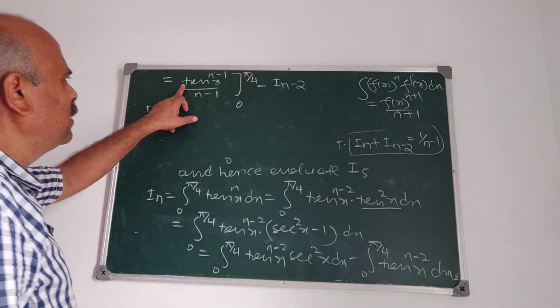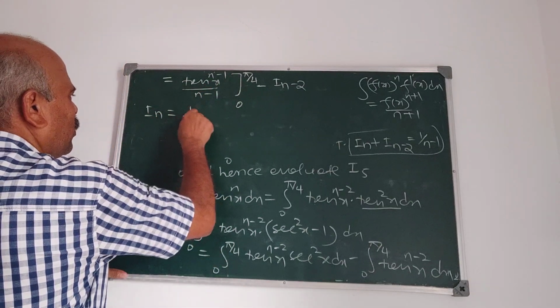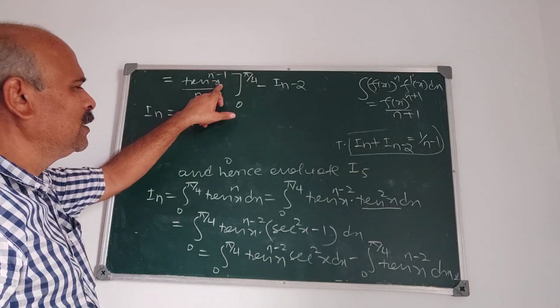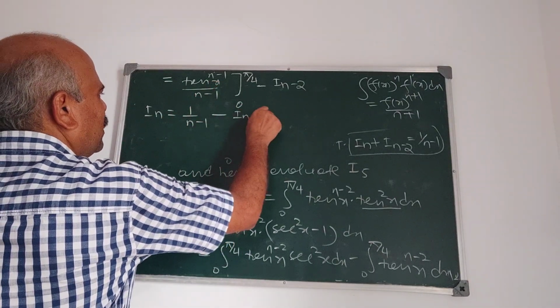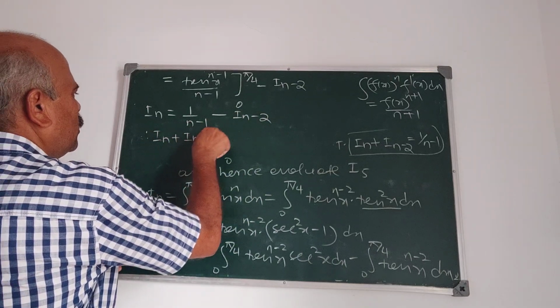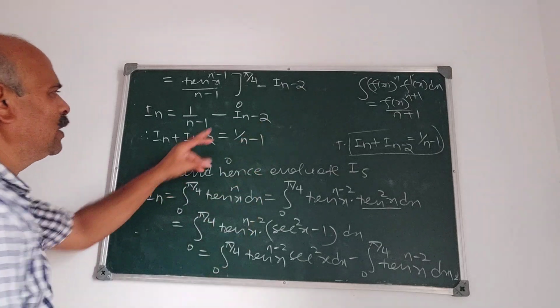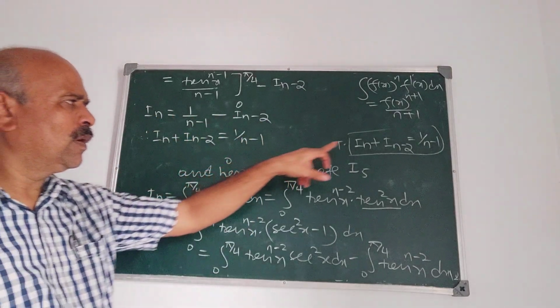Now take the limit. When x is pi by 4, tan pi by 4 is 1, so 1 upon n minus 1. When x is 0, it becomes 0. So only 1 upon n minus 1 minus In minus 2. Transposing, In plus In minus 2 is 1 upon n minus 1.